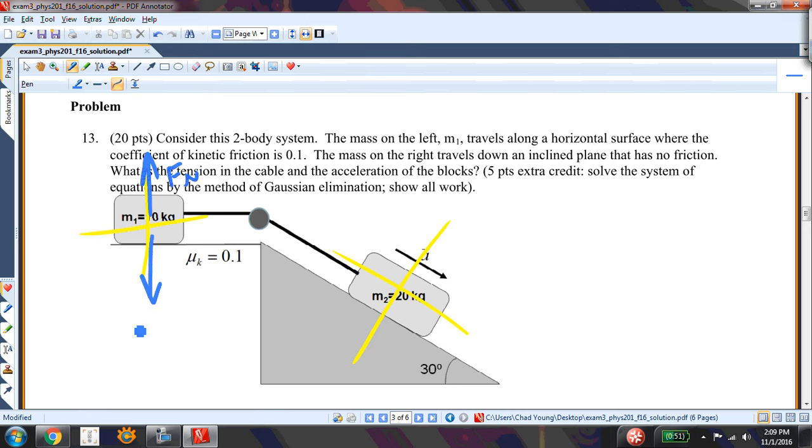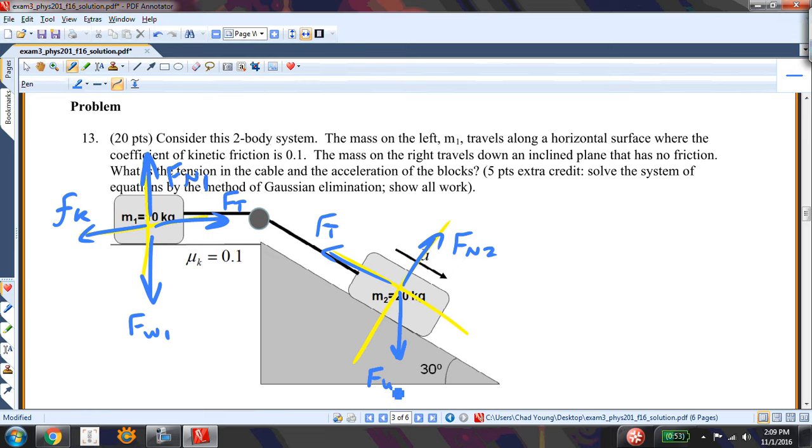I have the weight, Fw. I'll call this Fw1, and I'll call this Fn1. Here I have the frictional force, Fk, and then here I have the tension. Now that tension is the same as this tension, so I'll just label them as Ft. And then this is the normal force, Fn2, Fw2, and I think that's it.